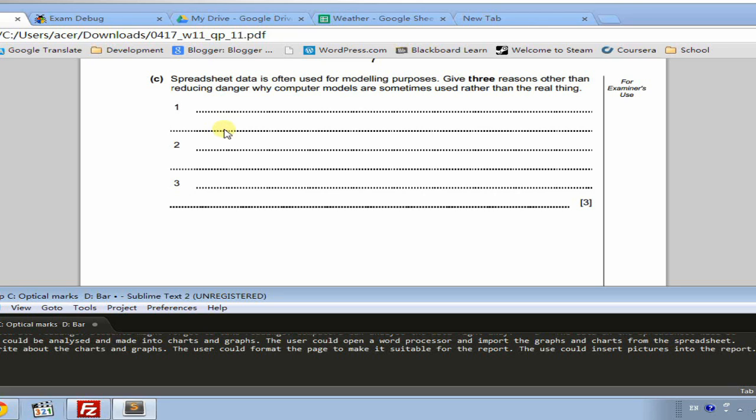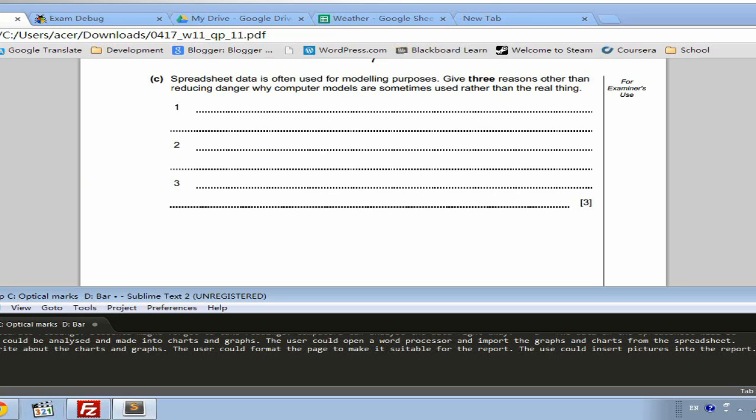In science, people are often trying to deal with what will happen to the stars, to the cosmos in hundreds of millions of years' time. So we can't just sit down and wait for those things to happen in real life. We want to predict them beforehand using a computer model. So what we do is we have the computer act out what it thinks is going to happen in real life for us. So we need to give 3 reasons, 3 points as to why computer models are sometimes used rather than the real thing.